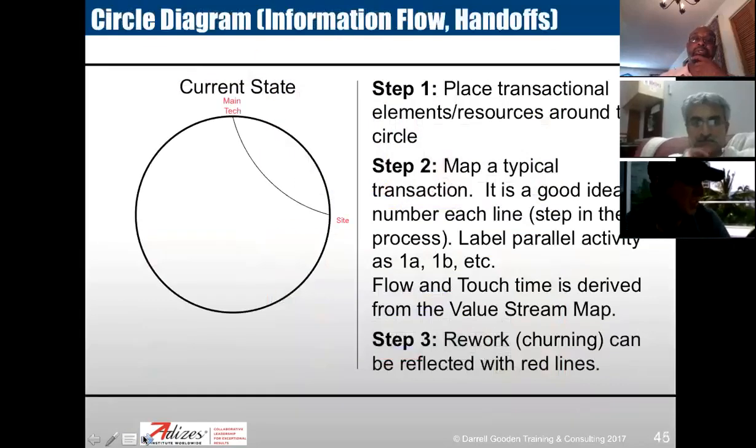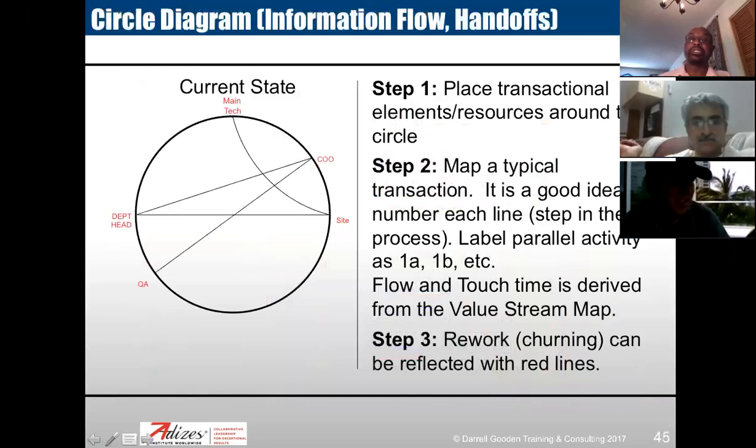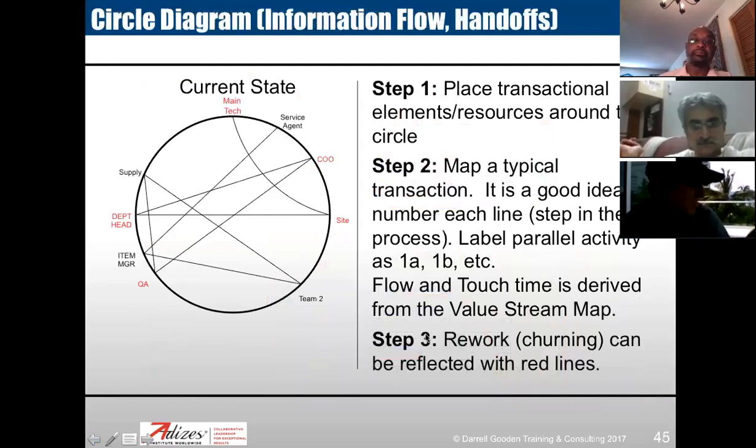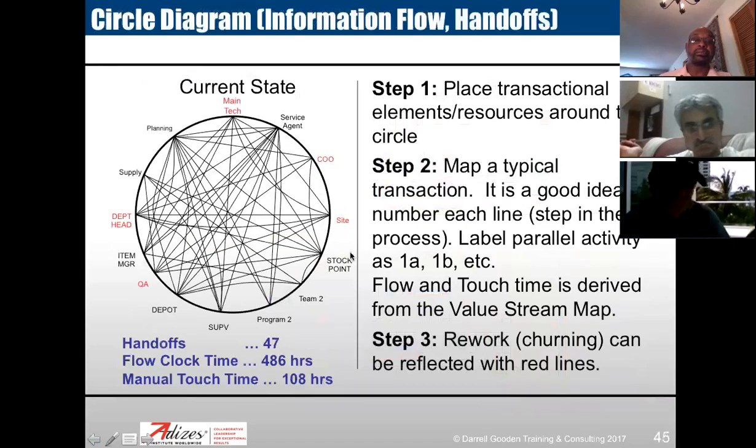This is a slide that builds. This is a slide for anything in the office that's transactional, informationally based. What you have here is the number of times that this current state approach has handoffs: 47 handoffs, clock time 486 hours to do this manual thing.